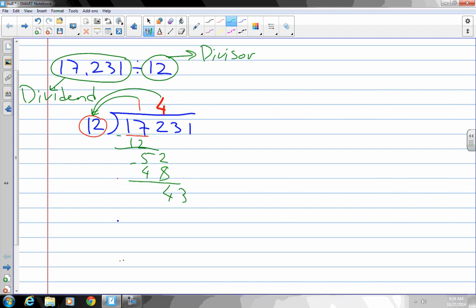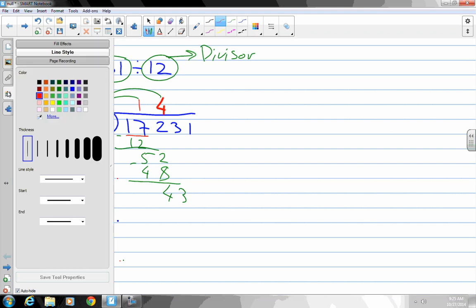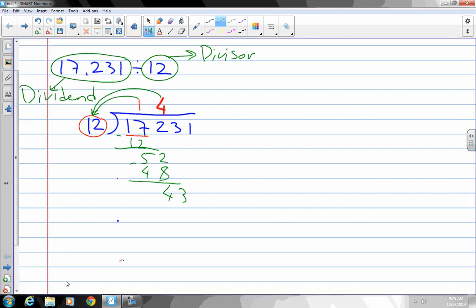How many times does 12 go into 43? Anyone? 3. And then we'll go 3 times 12. That is 36. Subtract. We get, looks like a 7. And then you bring the 1 down.